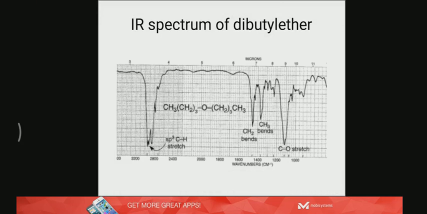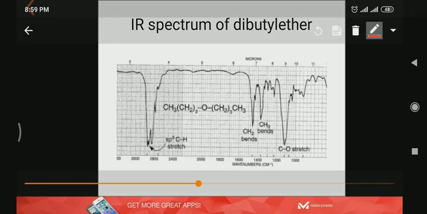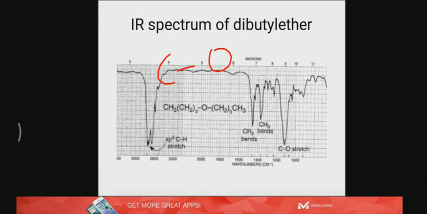We go now to ether, and this example is dibutyl ether. See, the IR spectrum of ether is not very interesting because it has only one characteristic functionality, that is C single bond O, and that comes around again 1100 centimeter inverse. We are supposed to know only the approximate value, roughly where this peak comes, not the exact value. That varies from compound to compound.